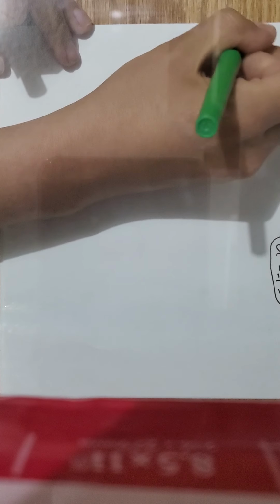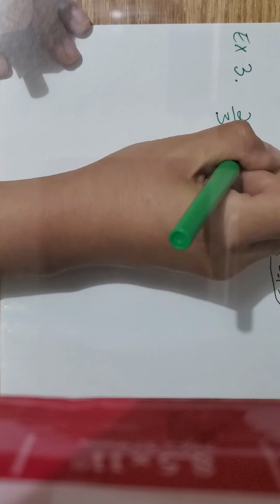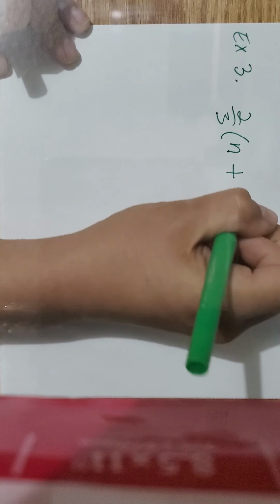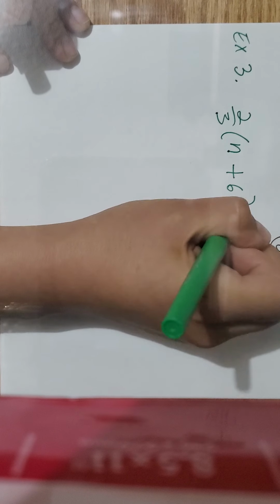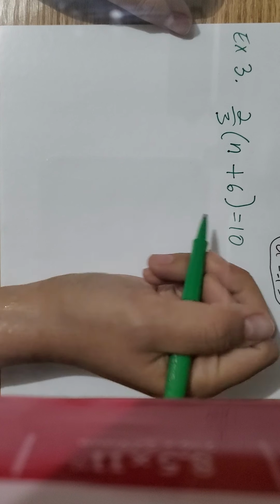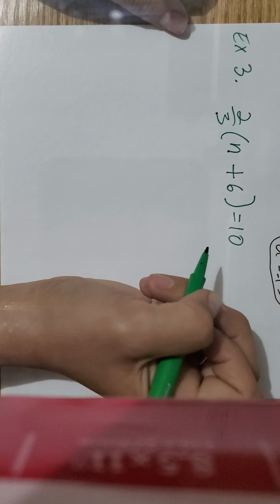Okay, so example 3. 2 over 3, parentheses, n, plus 6 equals 10. Yes, you're gonna see some fractions, but that's okay. Please just repeat the section on your video and then you'll understand.